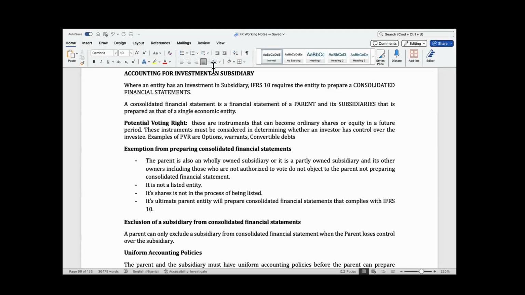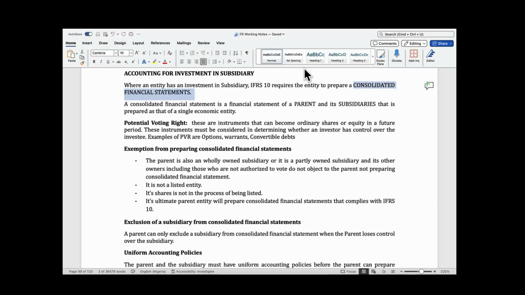So when an entity has an investment in subsidiary, IFRS 10 requires that the entity must prepare consolidated financial statements. As soon as you have a subsidiary, you must consolidate. So majorly, what you want to learn here is how to consolidate. That is all you want to learn.